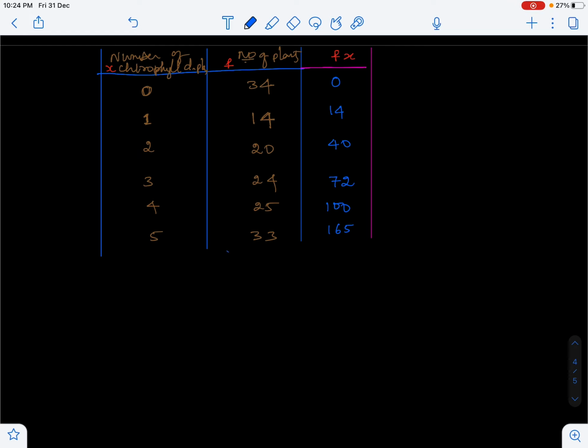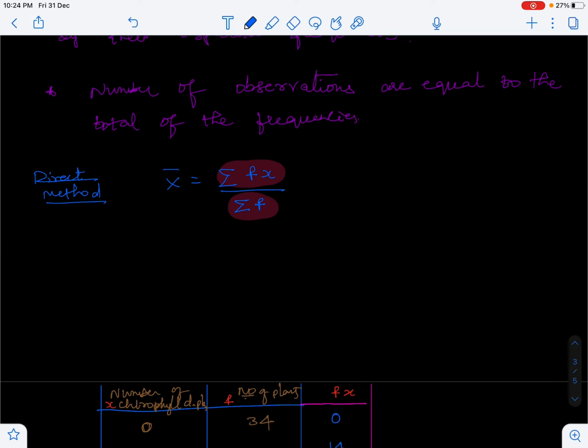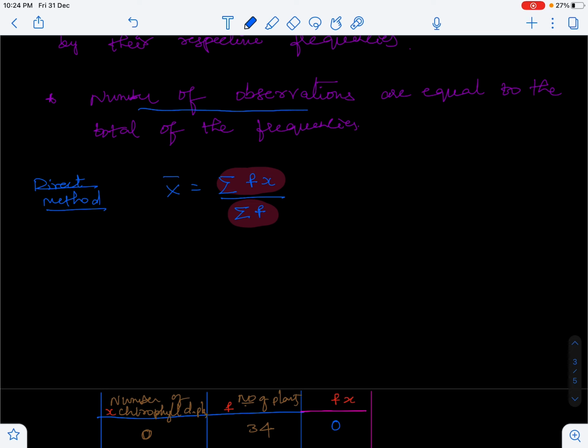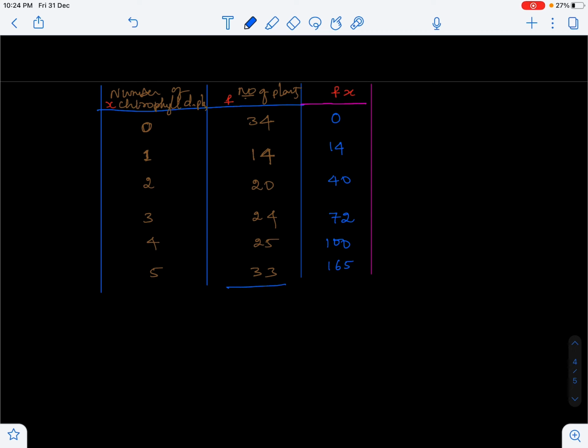I already told you the number of observations is nothing but the total of the frequencies. Here the total frequency is 150. 150 is the n value, number of observations.